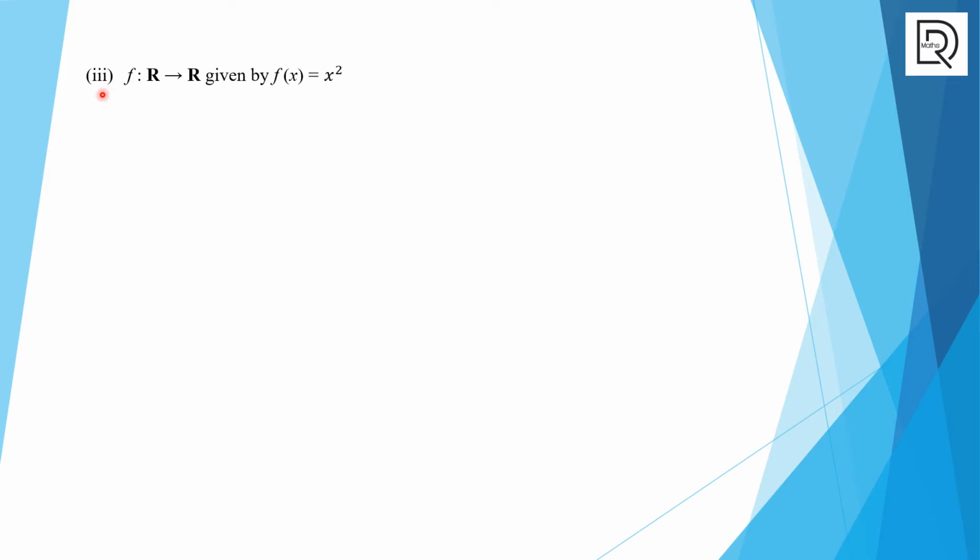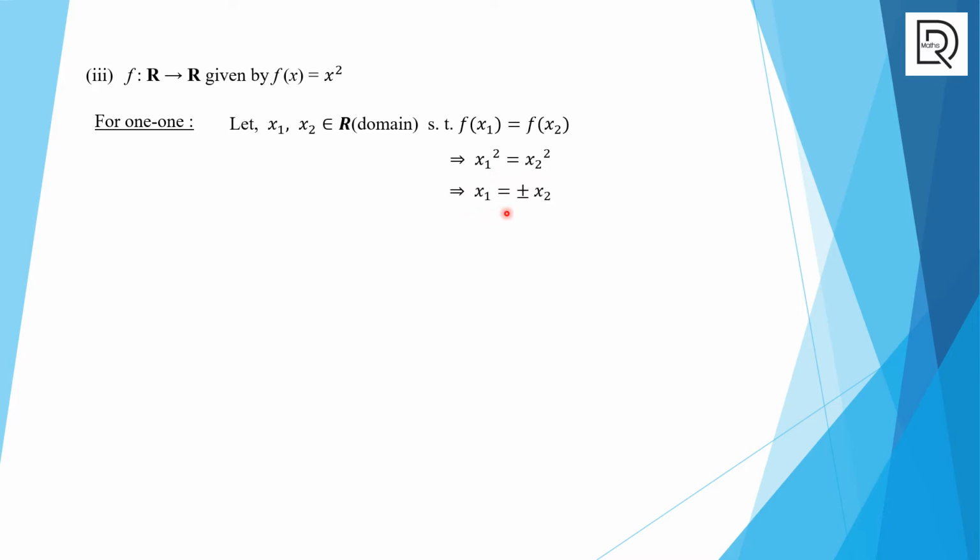Again, question number 3. Here the given function is f from R to R, and it is given by f of x equals x square. For one-one, let x1, x2 belong to R domain such that f of x1 equals f of x2. So this implies x1 square equals x2 square. So this implies x1 equals plus minus x2.